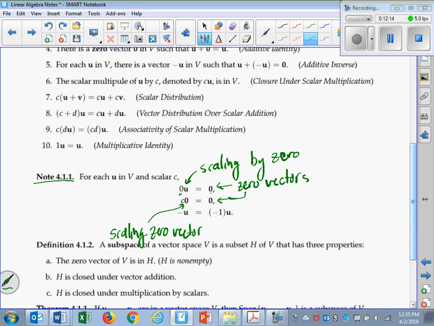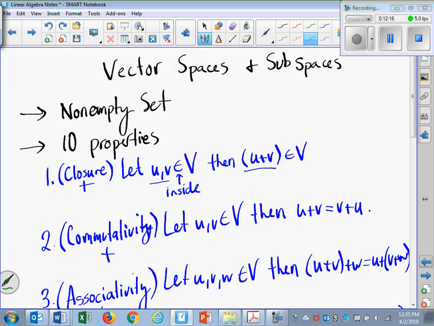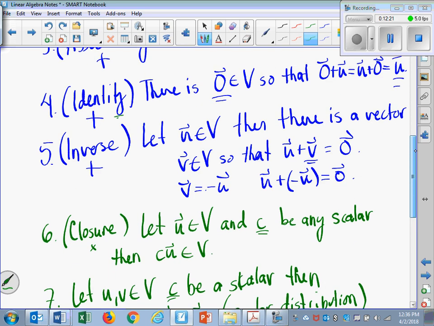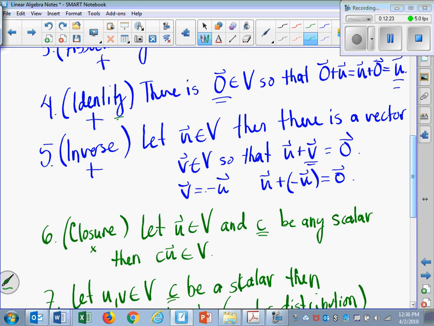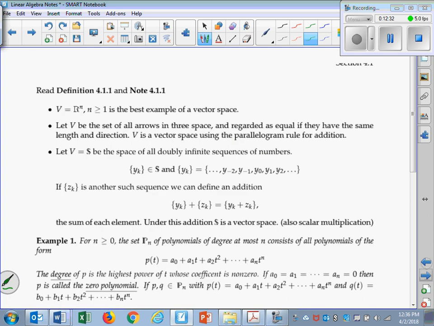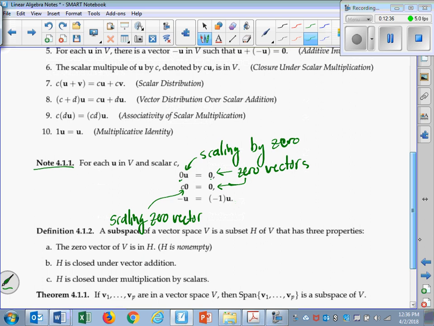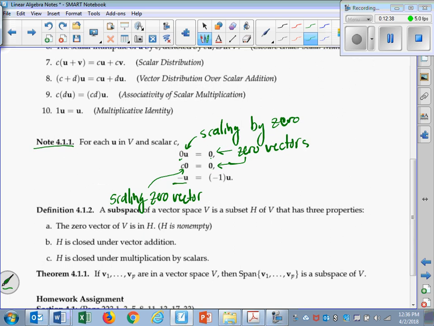And you might have felt a little bit of annoyance when we did the additive identity here. You might have said, well, what was the purpose of doing that, minus u? Isn't that just subtraction? And so subtraction is not really one of the properties of our vector space, but here we can view this additive inverse as the product of, or the scaling by, -1.